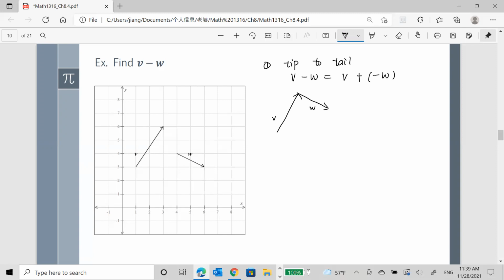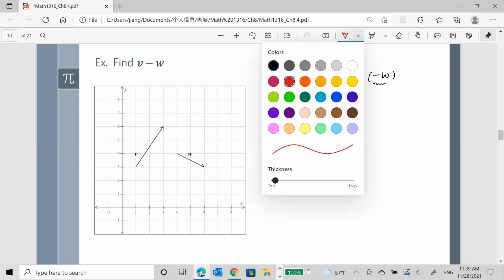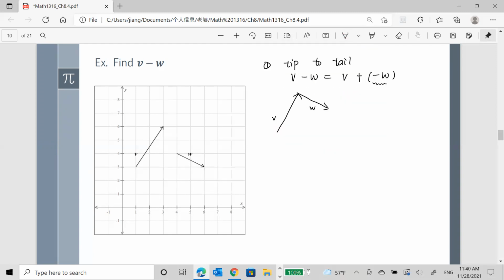But we know we need to add the opposite of the W. So the W is in the opposite direction. I change to the red color to represent negative W, the same magnitude but the opposite direction. So this is negative W, and I can erase the W. So the sum of V and negative W, what is that?